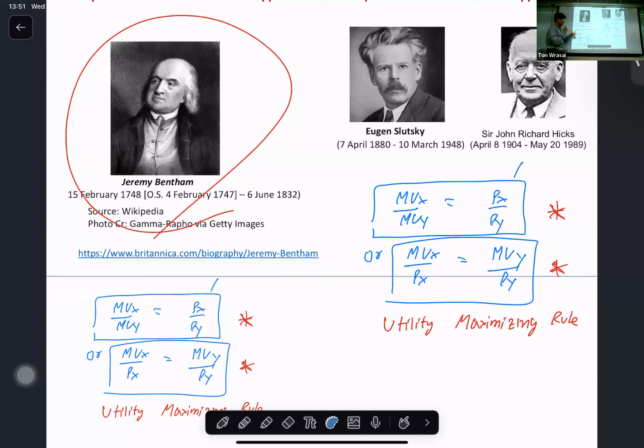That's the recommendation. Put it differently, to maximize utility, once money is spent up, the marginal utility per baht from X and the marginal utility per baht from Y must be equal.